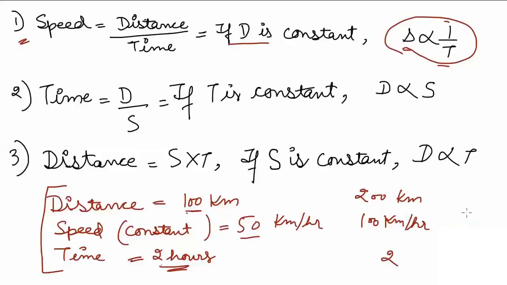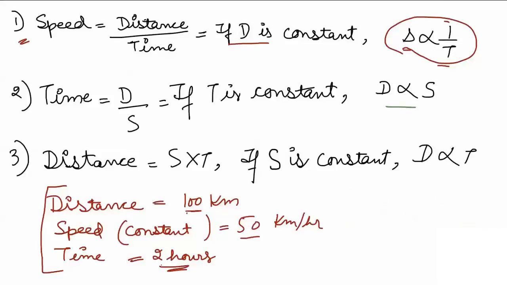In case the speed decreases to 25 kilometers per hour, obviously in 2 hours the person can cover 50 kilometers. So as the speed increases, the distance covered also increases, and as the speed decreases, the distance covered also decreases. So these are directly proportionate.